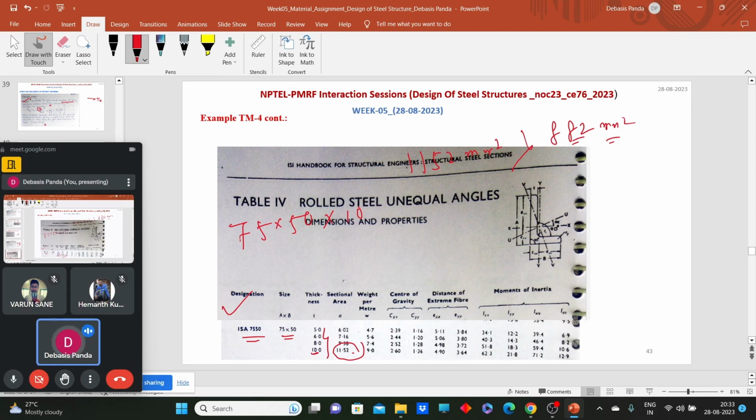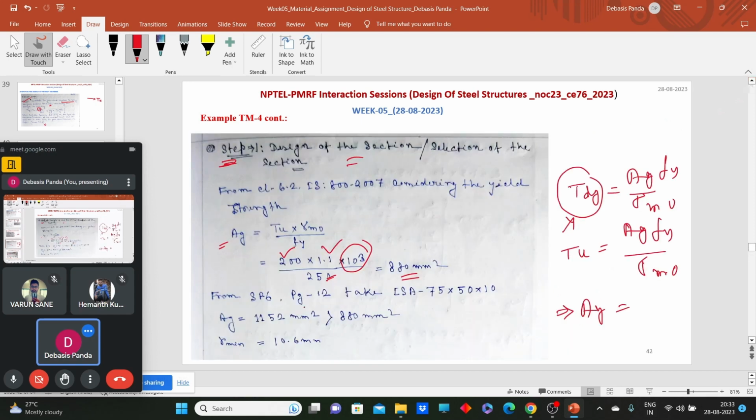So I have selected that angle 75 into 50 into 10 from SP6, page number 12. For this angle section, the I_xx value, least radius of gyration value, all these values are provided in this table.